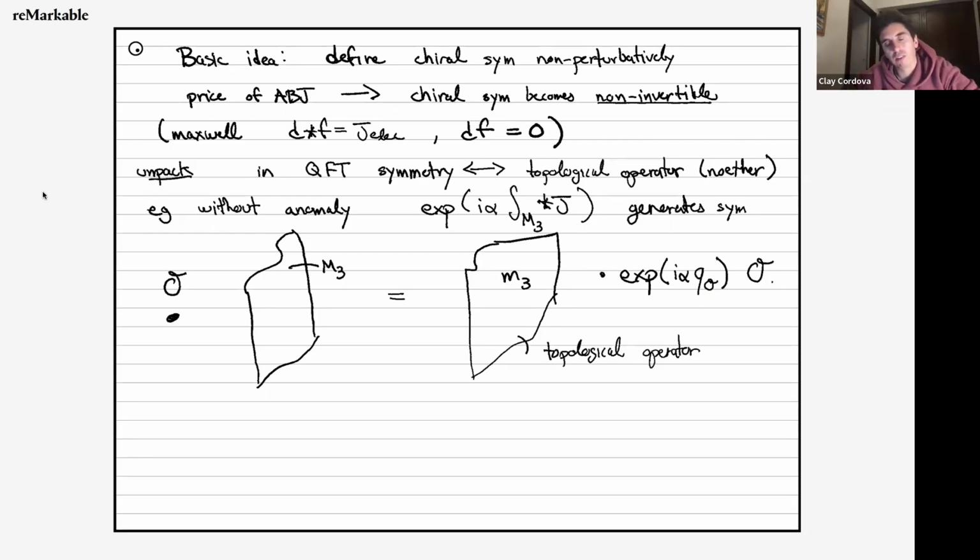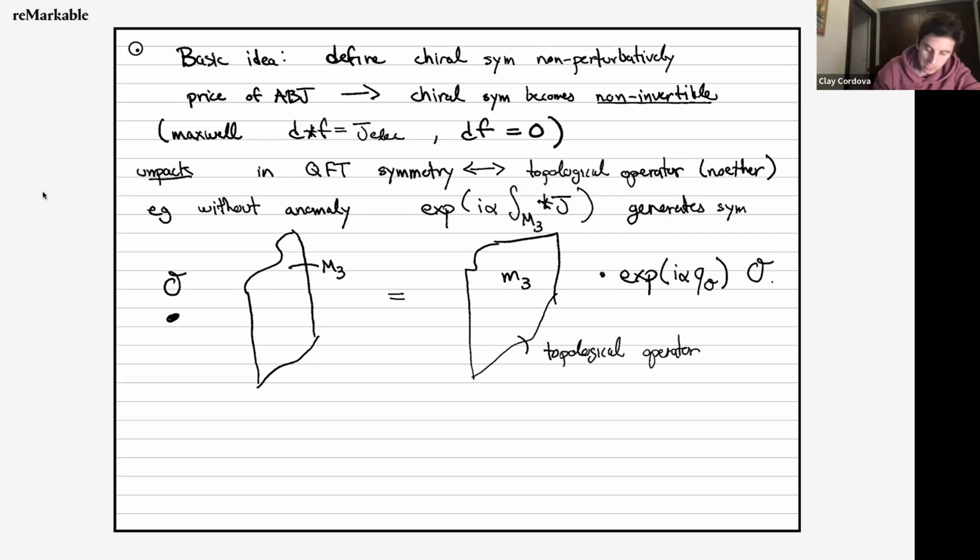Right, if we think of M3 as a spatial slice, then this is just the finite transformation, the exponentiated integral of J0. So here I'm just situating that in a Euclidean framework. That's what we want to mean by symmetry in quantum field theory.